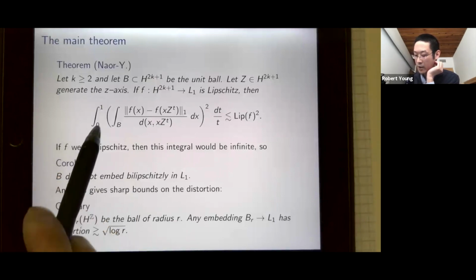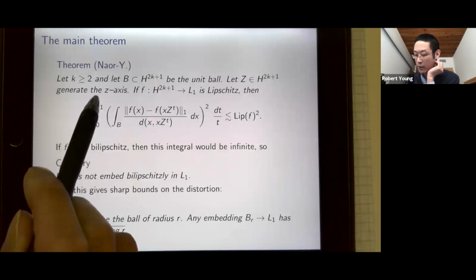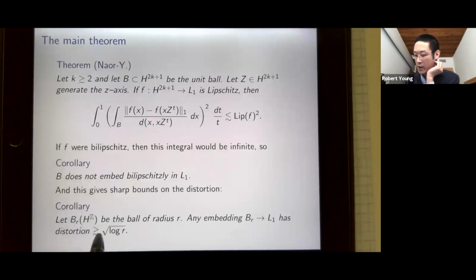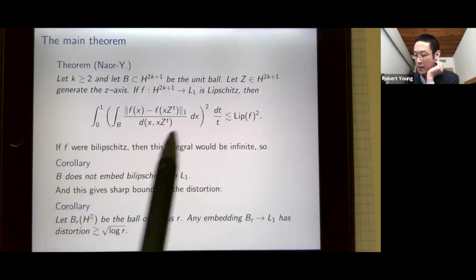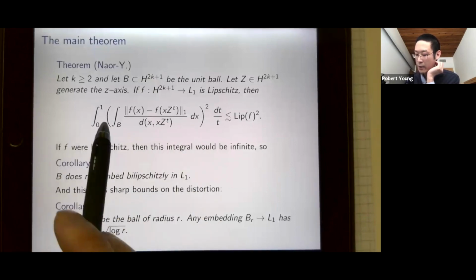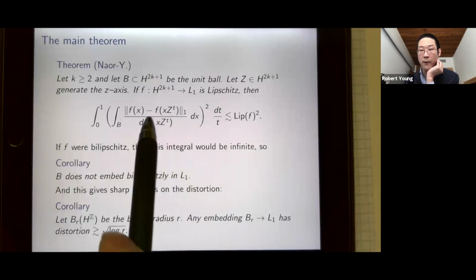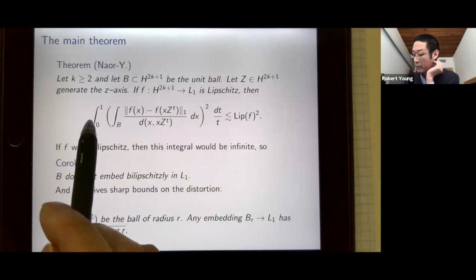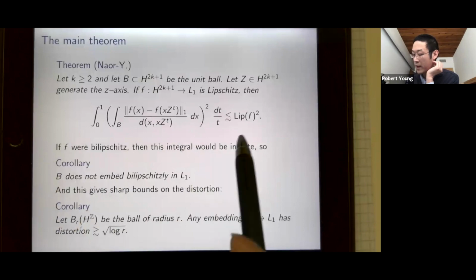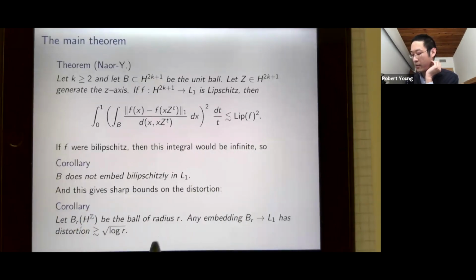And so instead of integrating from 0 to 1, we can write this integral as an integral from 1 to r. And again, if you have a bi-Lipschitz map, then this is bounded away from 0. If you integrate some constant from 1 to r with respect to dt over t, you'll pick up a log r. And so you end up with a root log bound on the distortion of that map of the ball of radius r. Is this okay so far?